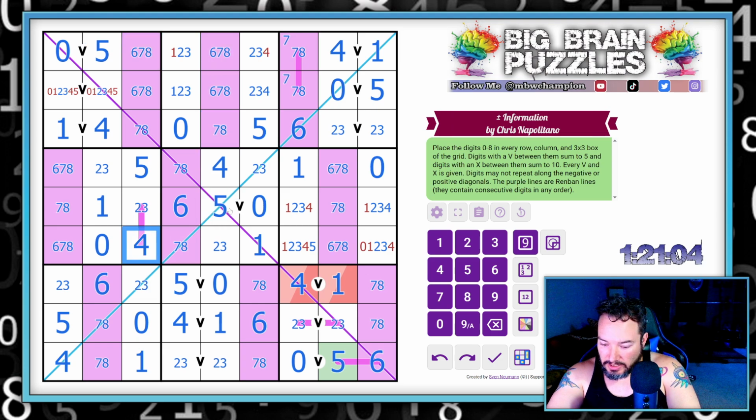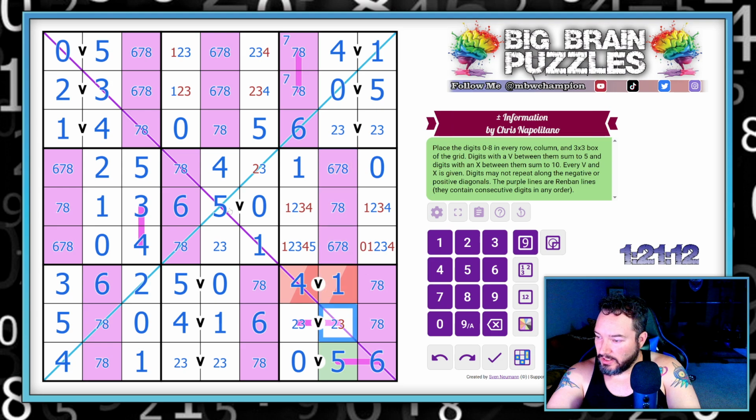Actually, this has to be consecutive. 3, 2, 2, 3, 2, 3 comes over here with the diagonal. Sees that. 2's on the diagonal, so sees that.